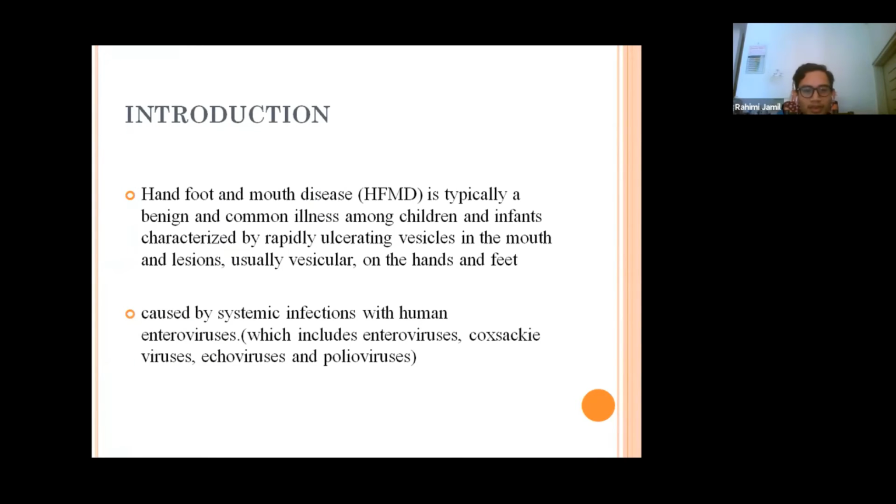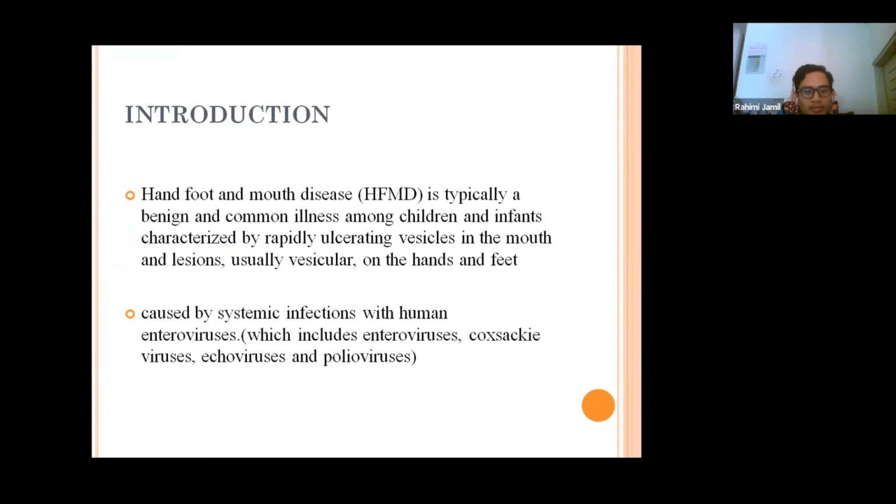Hand, foot and mouth disease, or HFMD for short, is usually a typical benign and common illness that occurs in children or infants, characterized by rapidly ulcerating vesicles in the mouth and lesions, usually vesicular, on the hands and feet.